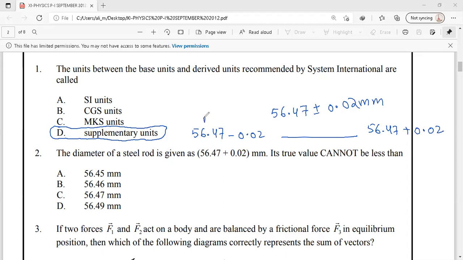So this is the minimum value and this is the maximum value of that measurement. So 56.47 minus 0.02 will be equal to 56.45.